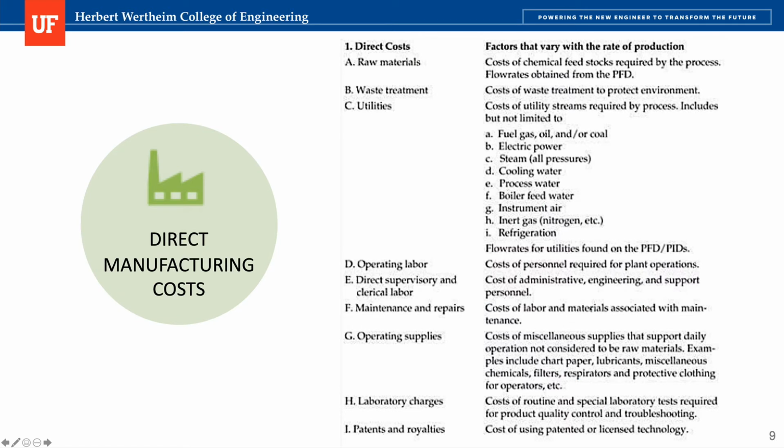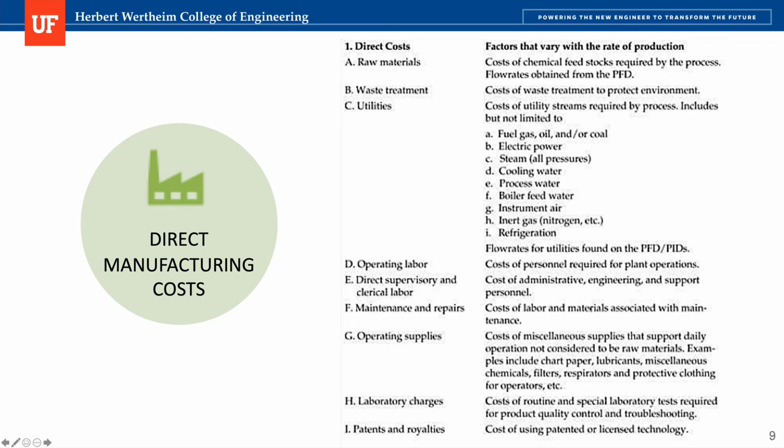So the direct manufacturing cost includes different categories. You have raw materials, the cost of chemical feedstock required, with the flow rate obtained from the process flow diagram. Also include the waste treatment. This is the cost associated with waste treatment to protect the environment. We also have utilities. Within the utilities, we have fuel gas, electric power, steam, cooling water, process water, boiler feed water, instrument air, inert gas, refrigeration, or any other type of things that we need in terms of utility.